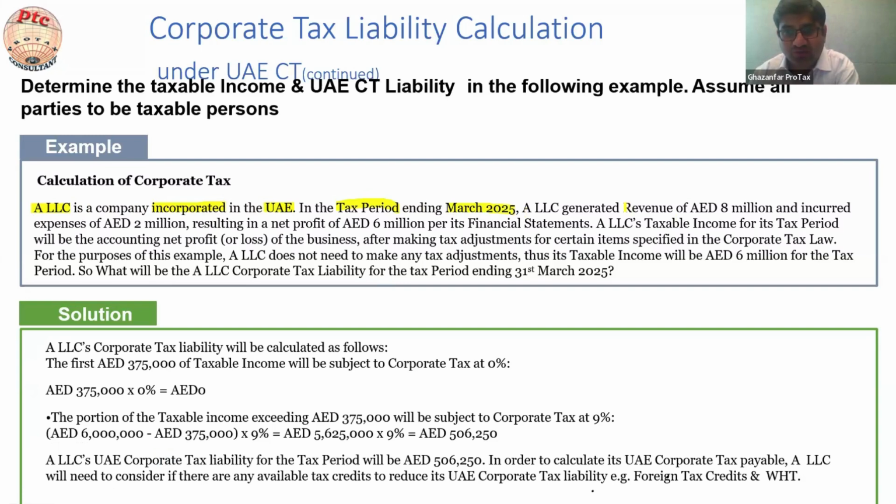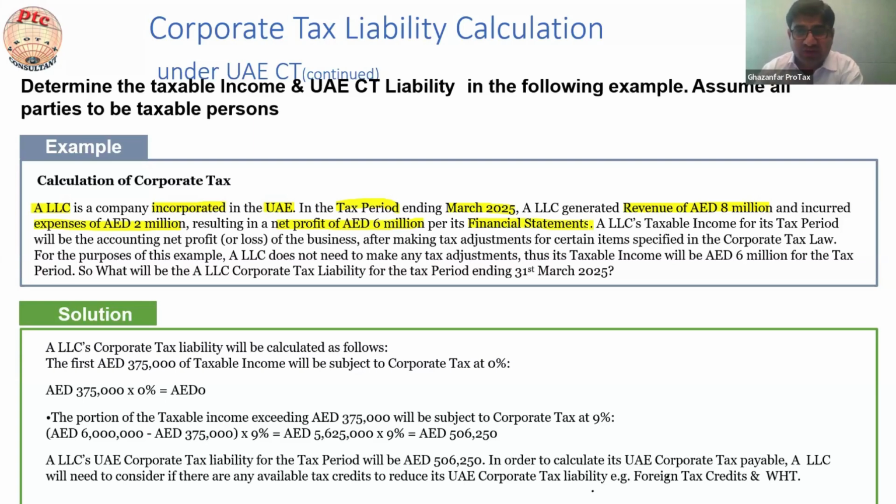The revenue is 8 million and incurred expenses are 2 million, so net profit is 6 million as per the financial statement. We prepare the financial statement as per the accounting standard, IFRS. This is the first stage that we normally do.